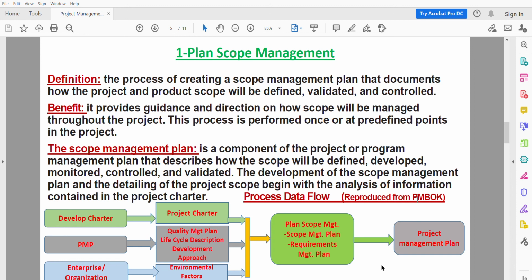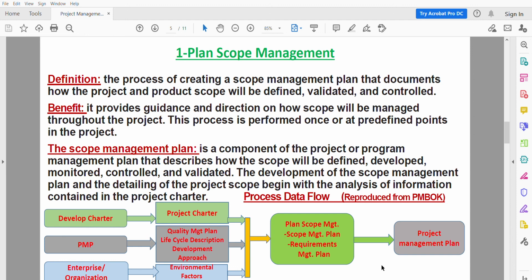The third input to this process is the enterprise environmental factors, which are the organization culture, infrastructure, personnel administration, and marketplace conditions.